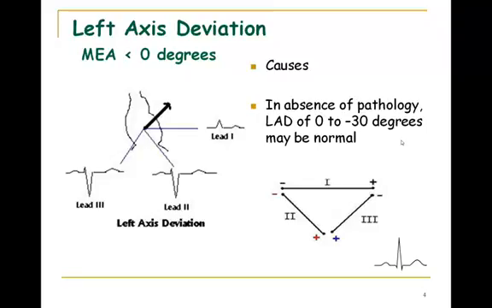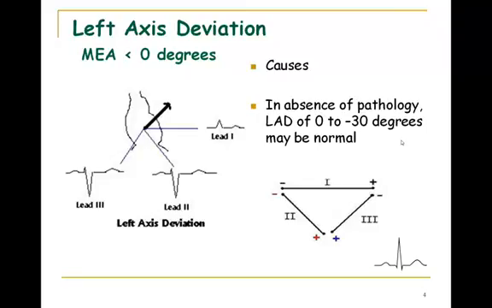So if you look at someone's EKG, the standard limb leads, you should look at the QRS complexes, and the overall voltage of the QRS complexes in your standard limb leads should be a positive number. You shouldn't see a lot of negative voltage. And we can say the algebraic sum of the voltage.